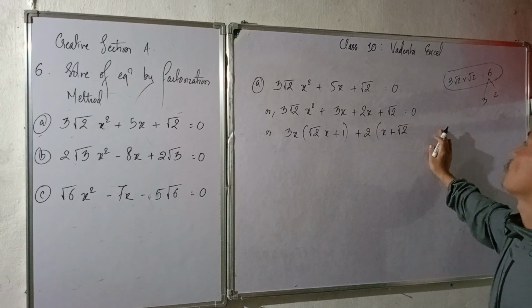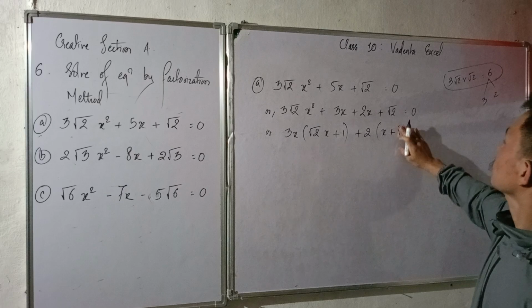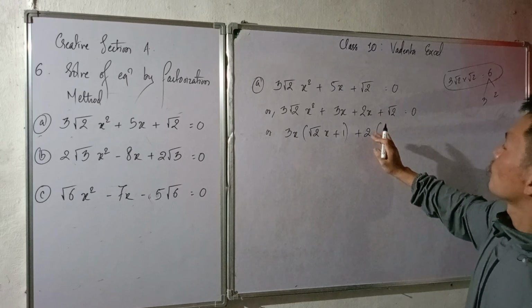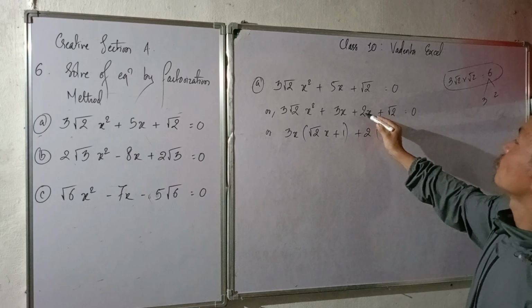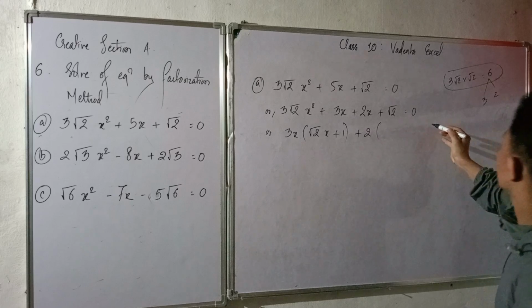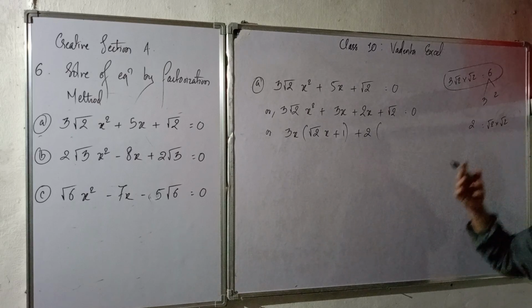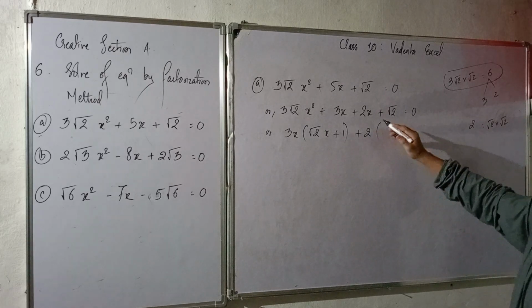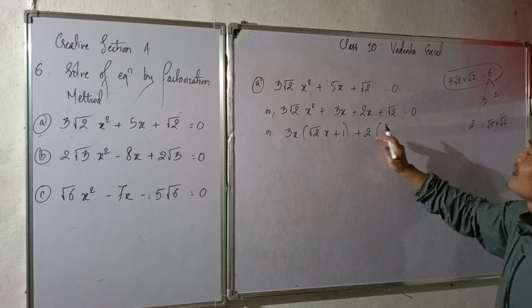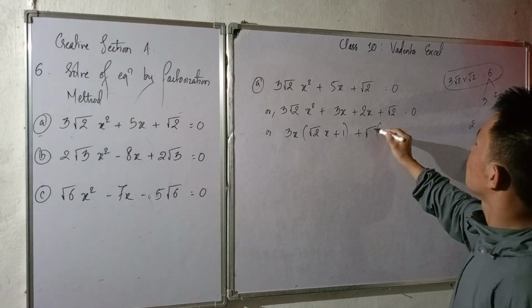Wait a minute, here we have this 2 and this root 2. This 2 can be written as root 2 into root 2, because root 2 multiplied by root 2 becomes 2. So from this we can take root 2 common.